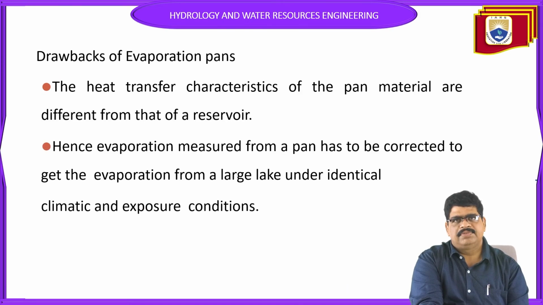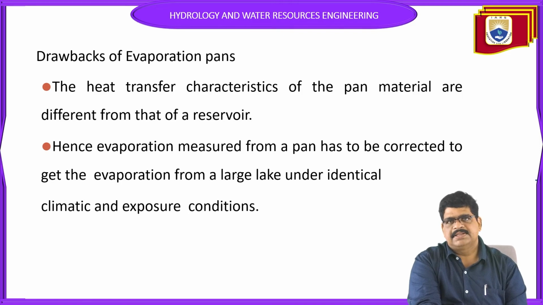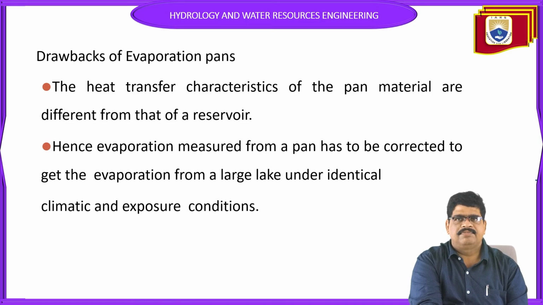Next, any drawbacks of the evaporation pans? Yes, the heat transfer characteristics of the pan metal are different from those of the reservoir. Why? Because, as I told, the heat transfer over the whole area can be affected by the metal being different from the reservoir.